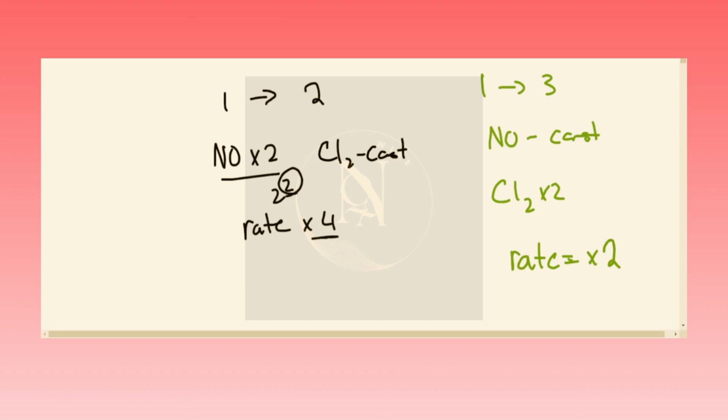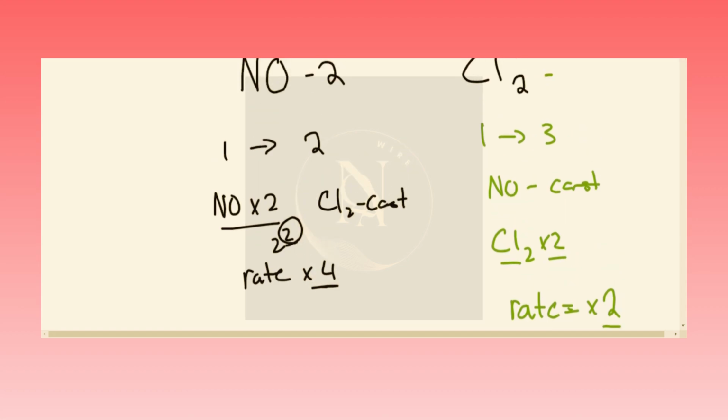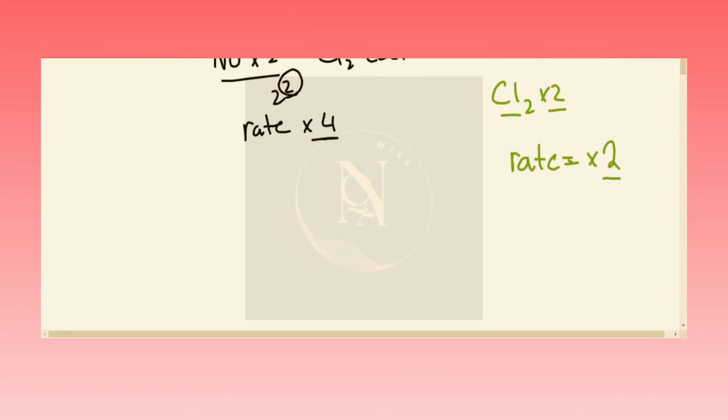And so let's see how the rate changes. Well, the rate goes up by 2. Also, it goes from 5 times 10 to the negative third to 1 times 10 to the negative second. So since we have this direct relationship that every time Cl2 gets doubled, the rate gets doubled, we know that this is first order. And so with that information, we can write the rate law.